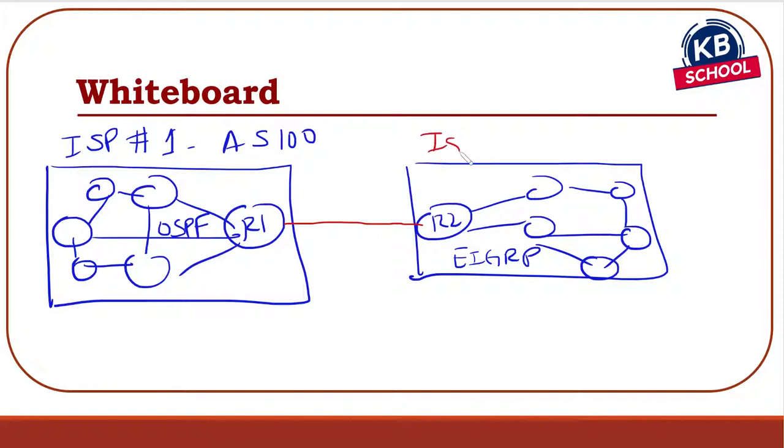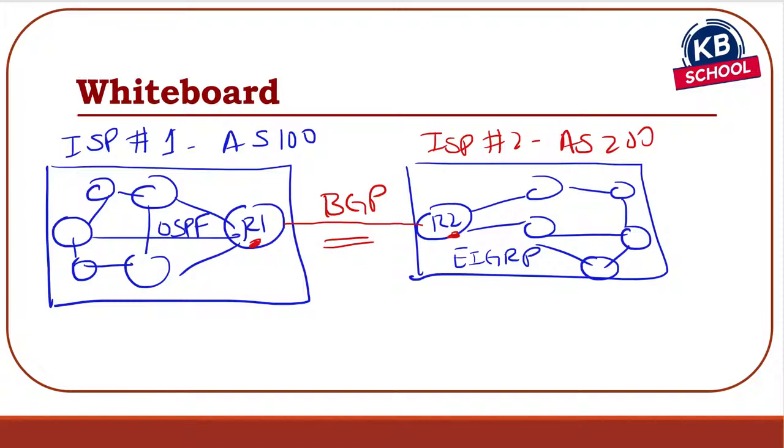So this is your ISP number 2, let's say running in AS200. BGP would be run over here to advertise the routes that I learned through my IGPs and my internal system to the other autonomous system. So within the ISP, you'll still run some form of an IGP, but between ISPs, you're going to run BGP. That's where you run it.